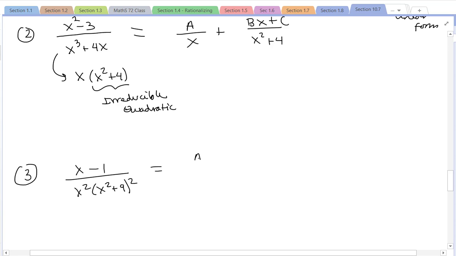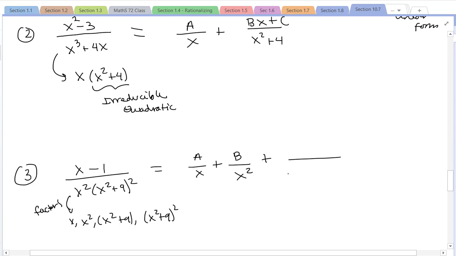So this will be A over x plus B over x squared, because all the possible factors of this are x, x squared, x squared plus 9, and x squared plus 9 squared. Sometimes listing out all the possible factors makes it easier to see. Then I need to include all of them.